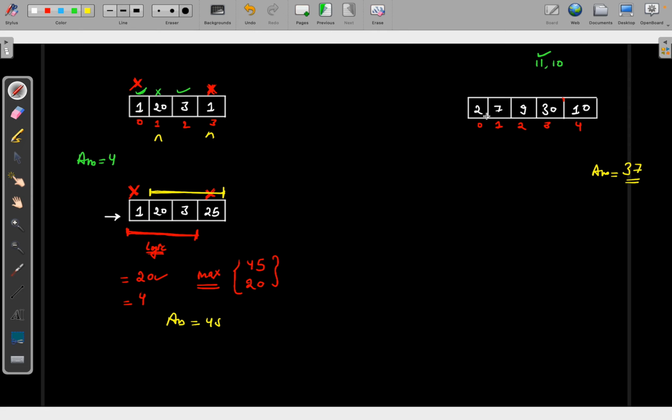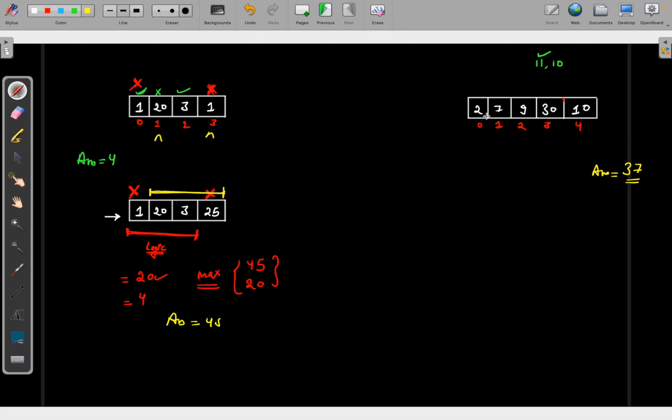Let's see, are we getting the answer with our logic? What is in my logic? I will use the logic basically for this one and I will ignore this one completely. So if I am using my logic till here, I am getting 37. So by taking 0 to n minus 1, I am getting the answer 37.